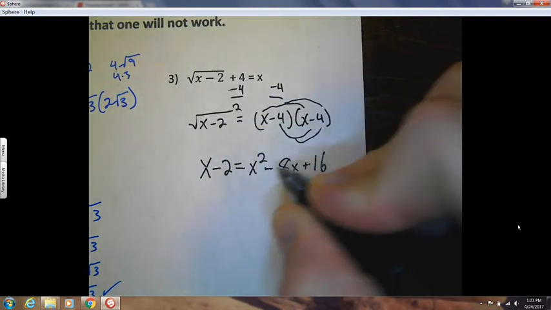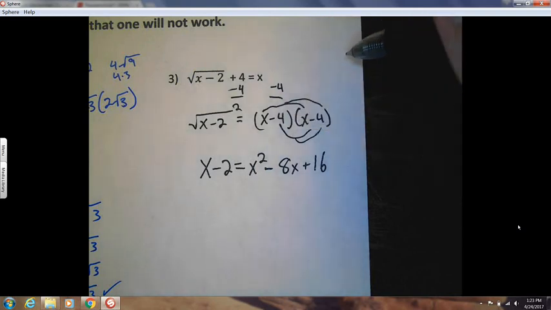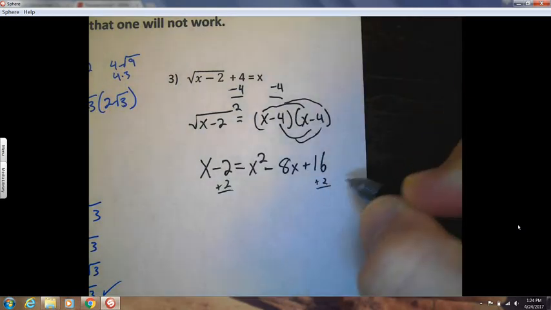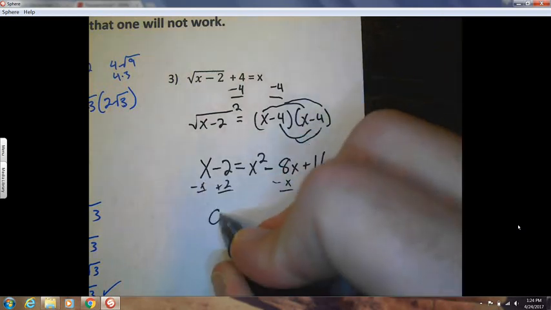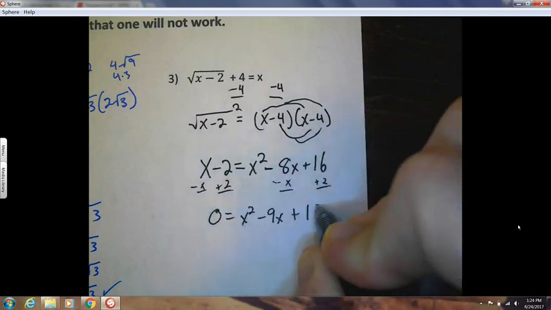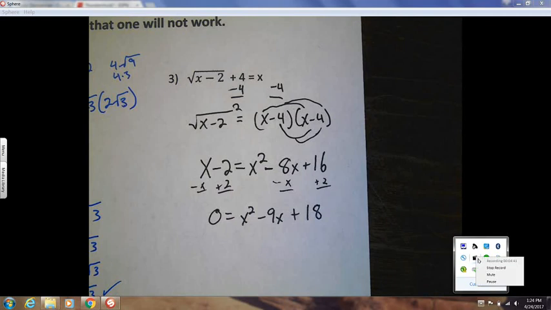Now in order to solve, what I need to do is get everything on the same side. So I'm going to add 2 here, subtract x. So 0 is equal to x squared minus 9x plus 18. Okay, so now I need to factor this in order to solve.